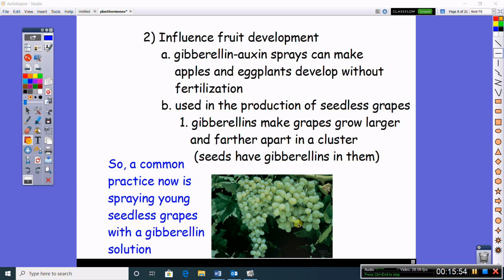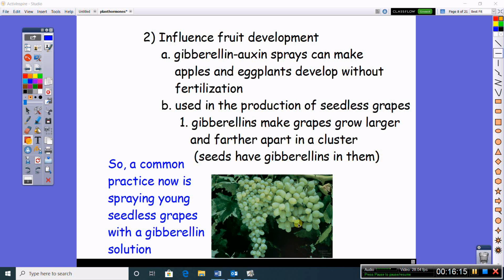Okay, so basically the bottom line for this is seeds contain gibberellins in them. And gibberellins help the grapes to grow larger and farther apart, which people tend to prefer. So when they first started making seedless grapes, they said, oh, okay, well, we don't have the seeds anymore, and the seeds had the gibberellins in it.